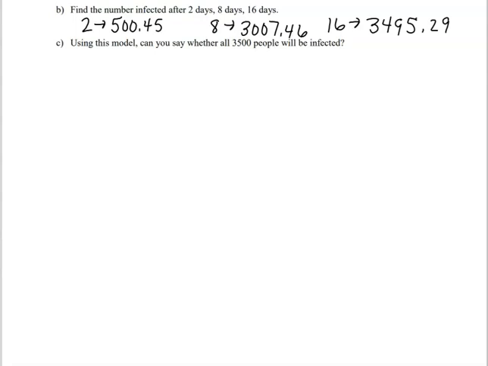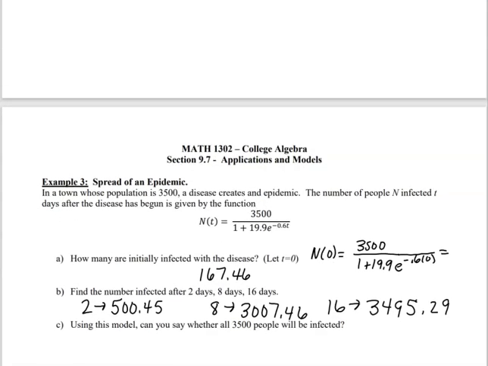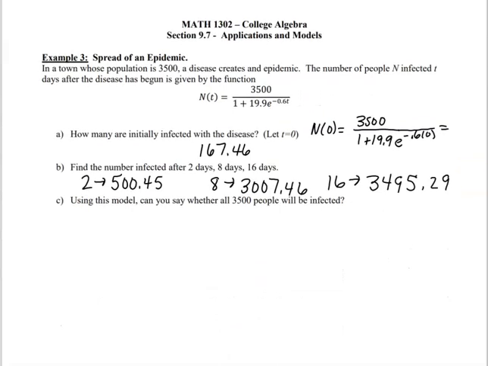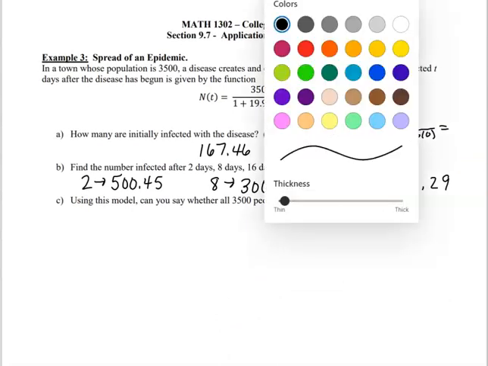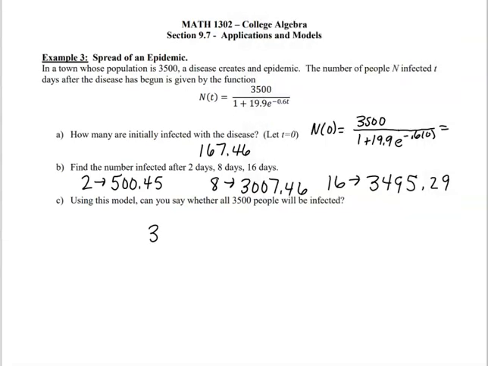So actually, this question is asking us, are we ever going to be able to get this model to be 3,500? Basically, are we ever going to be able to get the answer to be 3,500? So we've got 3,500 is equal to 3,500 divided by 1 plus 19.9 e to the negative 0.6 t.